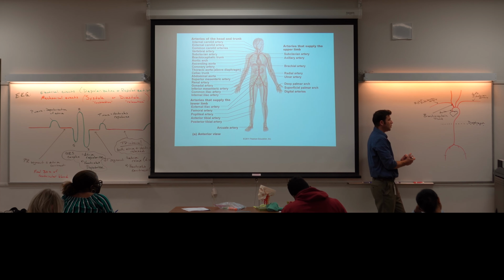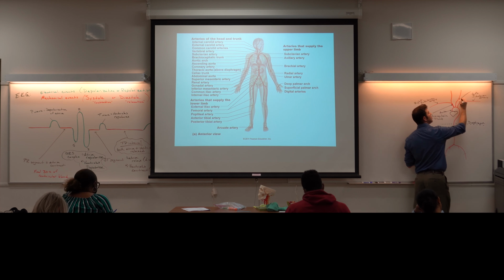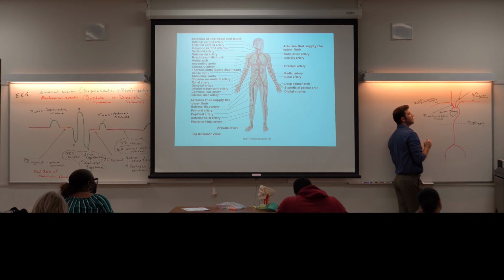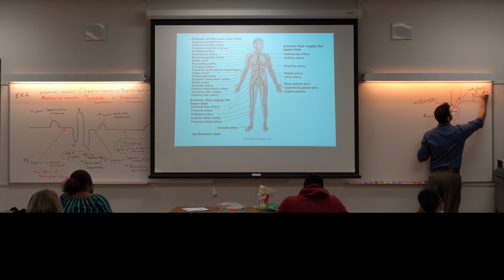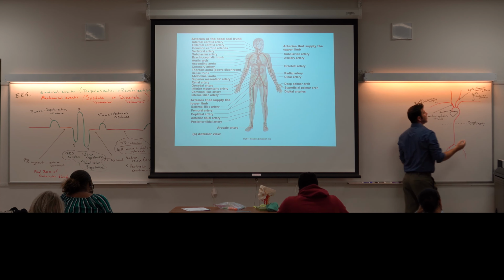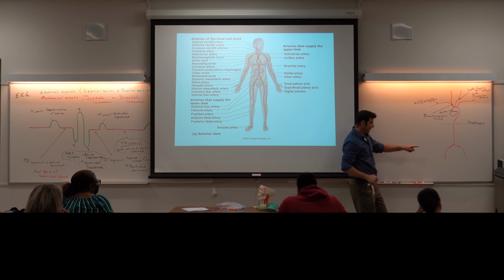The middle one that we have yet to label, this one that is coming off all by itself, branching off of the aortic arch in the middle, is what we're going to call the left common carotid. There's a lot of places where arteries and veins are going to get called the same thing, like common iliac artery.